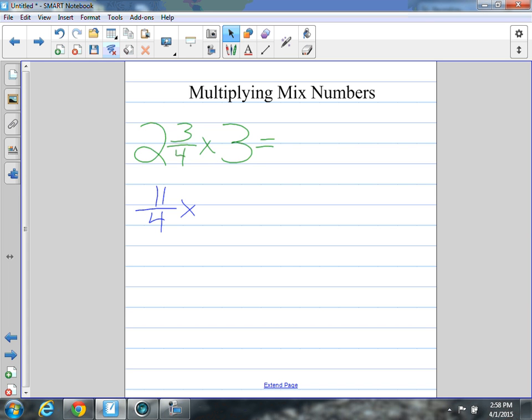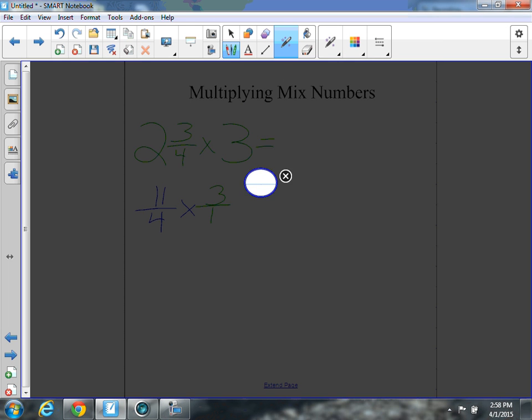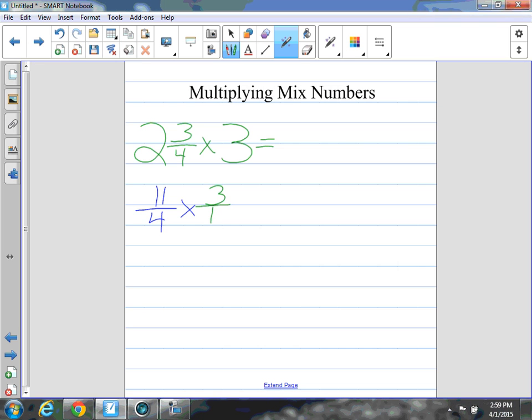The 3 is the numerator, and the denominator is always 1 because 1 goes into anything. Good. To change a whole number to a fraction, we put it over 1. Now I'm going to check again. Can I simplify? 3 to 4. No. 11 and 1. No. It's a bummer.